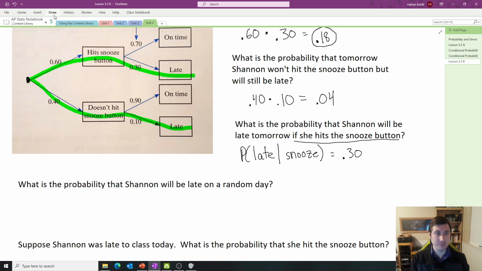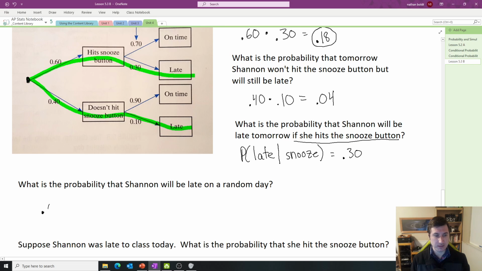Those are what we call mutually exclusive events because they cannot both happen. She either is going to be late by hitting the snooze button or she's going to be late by not hitting the snooze button. There's no way you can do both of those at once. That is mutually exclusive. We did that in a video a little while ago, didn't we? So we're going to add those two possibilities.